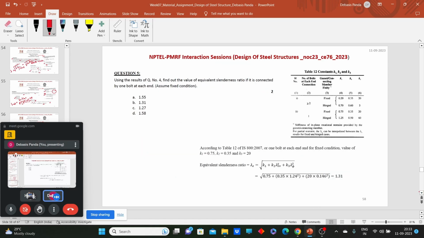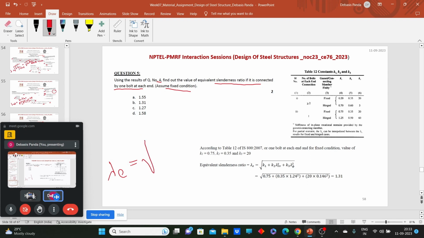Now move to the next question. Question number 5 says, using the results of question number 4, find the value of the equivalent slenderness ratio if the connection is made with 1 bolt at each end and consider the fixed condition. So now you need to consider the lambda equivalent value. How can we calculate it?